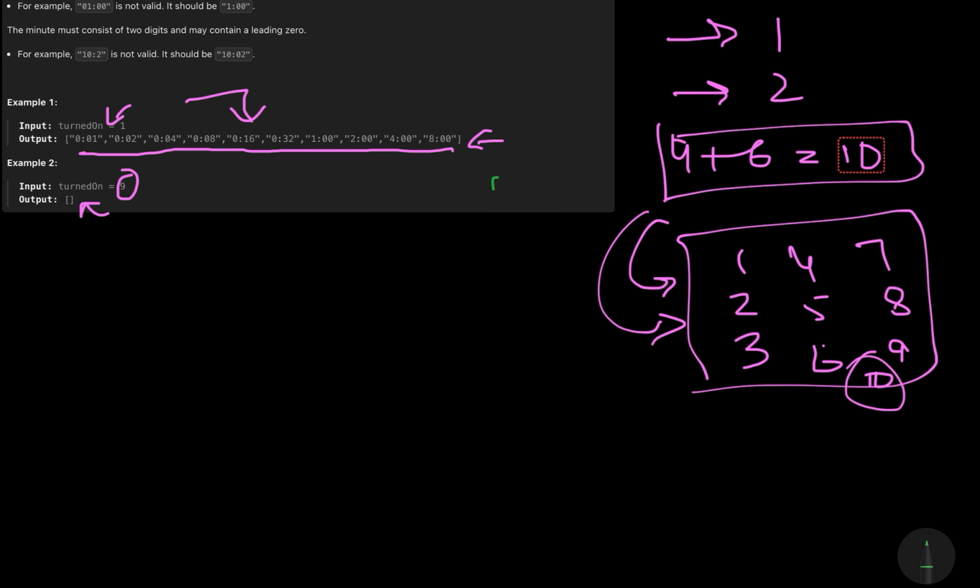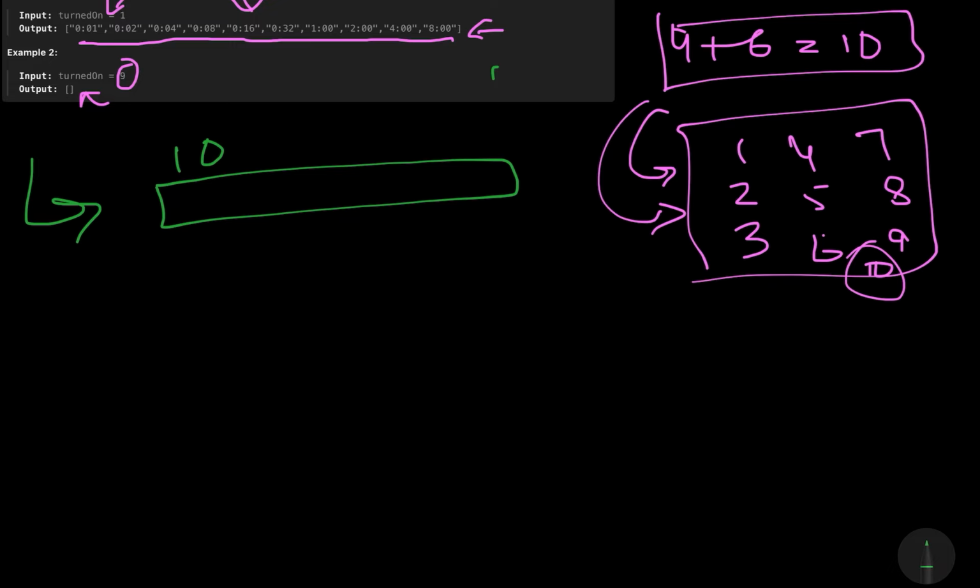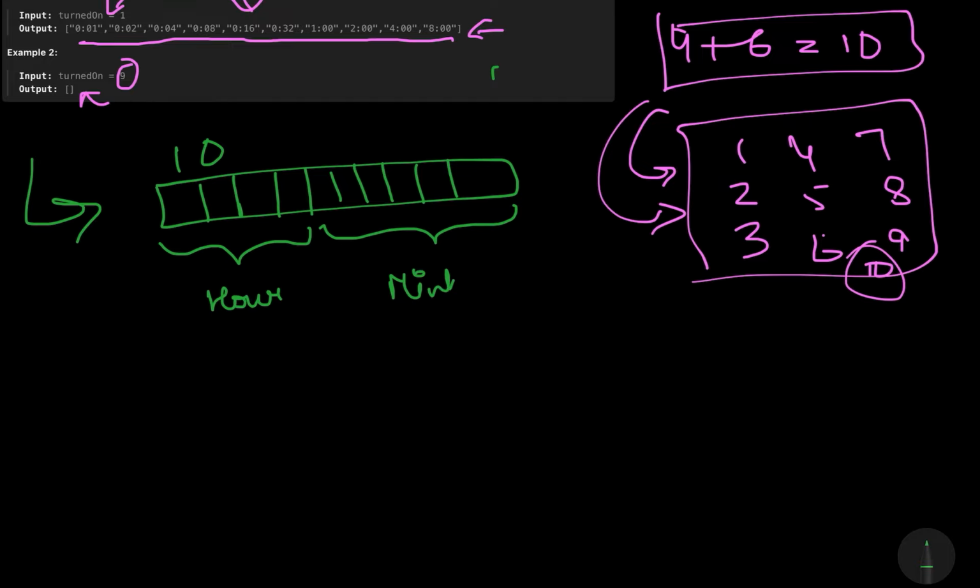So what approach can we use over here? We can find it for all these bits. These 4 bits represent our hour, and these 6 bits represent our minutes. We have a total of 10 bits.